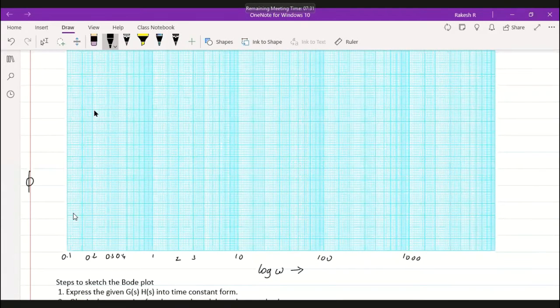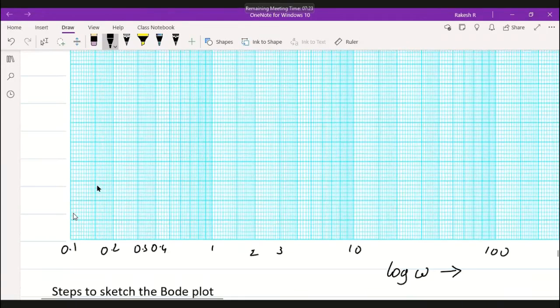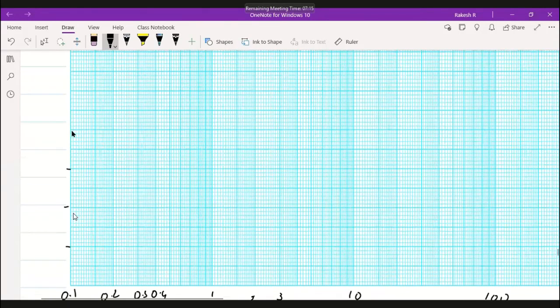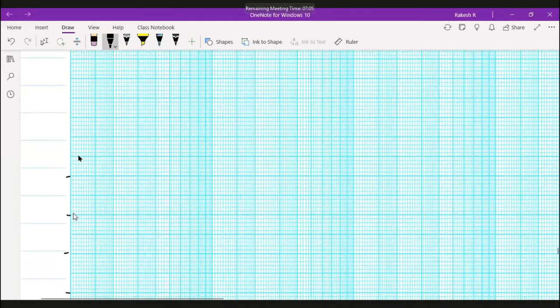Now I'll zoom in on this part and we'll do it here. I have taken 1 centimeter equals 30 degree. This is 1 centimeter, this is second, third, fourth, fifth, and sixth. I have taken 7 here: 1, 2, 3, 4, 5, 6, and 7.